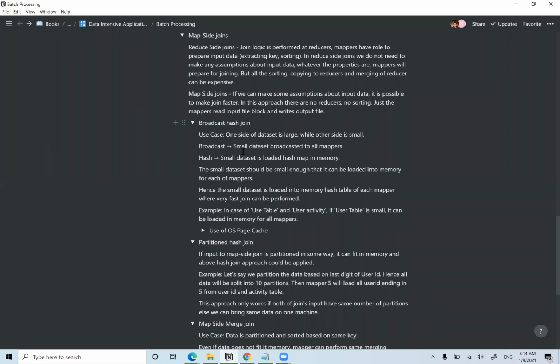Spark uses it, for example. So it's not hash.